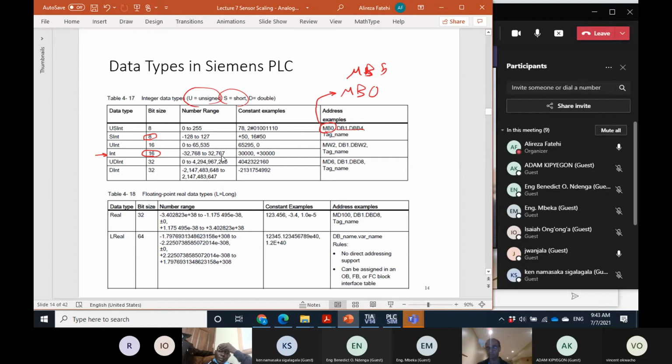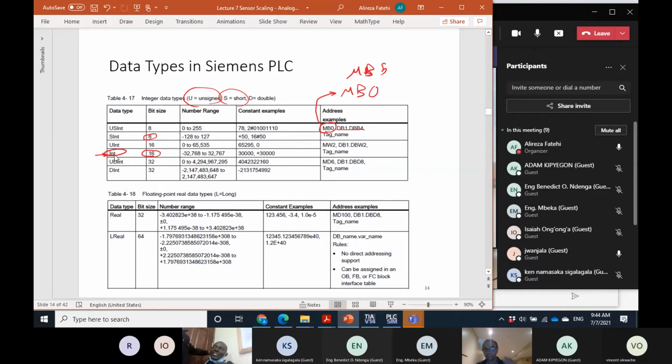If it is unsigned, the bit reserved for the sign is also added to the number, so it is between 0 and 65,535. This is the type that we generally use in our programs in this course. We are not going to use others, but of course you can use them.